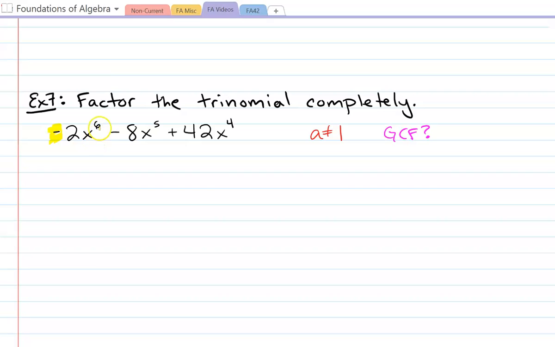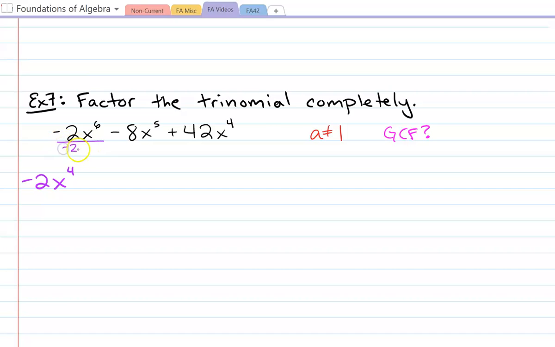And we have x to the 6th, x to the 5th, and x to the 4th. So the smallest exponent is 4. So we can pull out a GCF here of negative 2x to the 4th. Remember, when we're doing GCF of variables, it's always the smallest exponent. And the GCF of numbers is the largest number that they all have in common in their multiples.